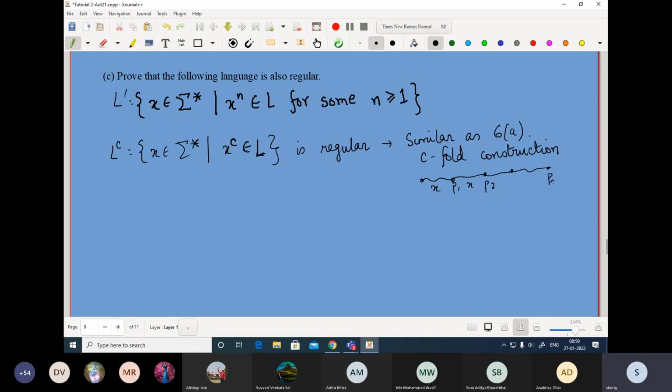PC minus 1, and then some final state. So I will basically specify these breakpoints P1, P2 to PC minus 1. If I specify L of P1, P2, PC minus 1, this is a subset of L to the C, where P1 to PC minus 1 are the breakpoints.